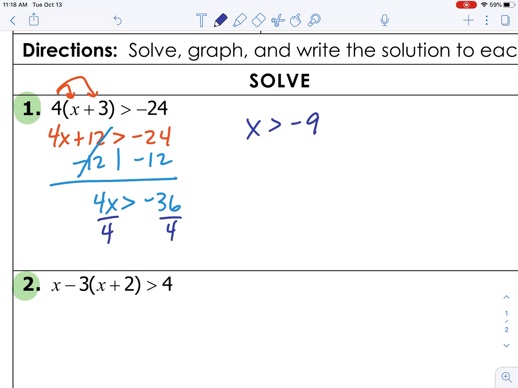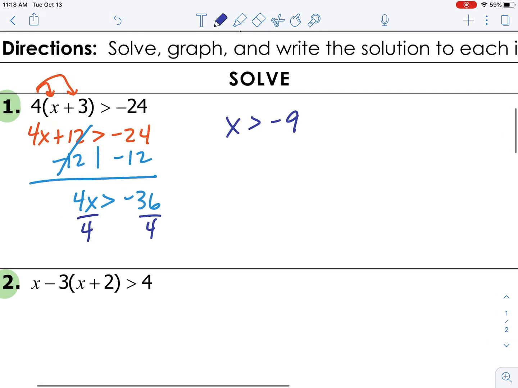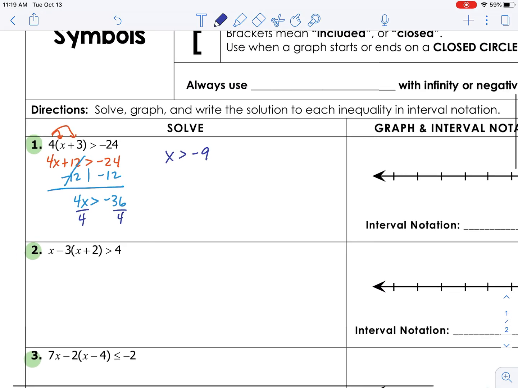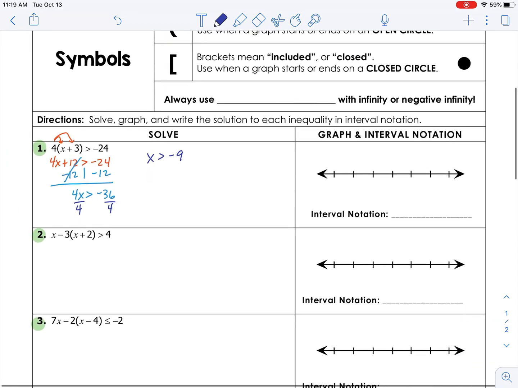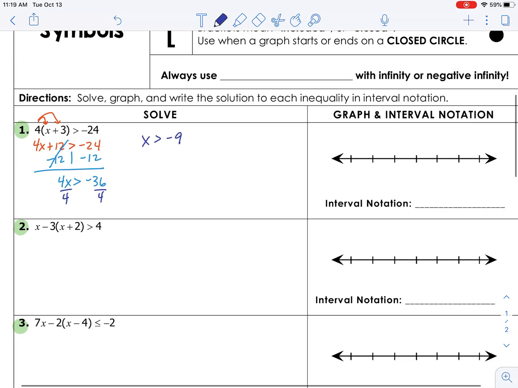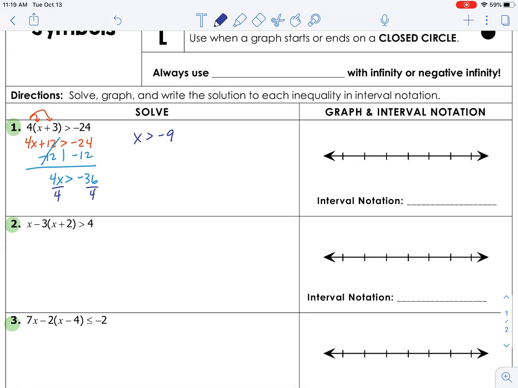Once we have our answer, there are a few more things that we need to do with that answer. Over here on the right-hand side of our paper, we see we need to graph and we need to find the interval notation. We'll get to interval notation in just a second, but know that what we have as our answer right now is inequality notation.